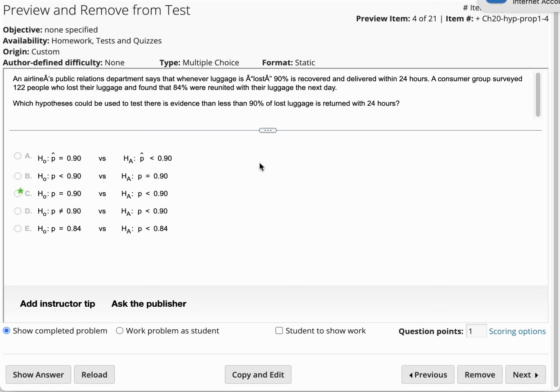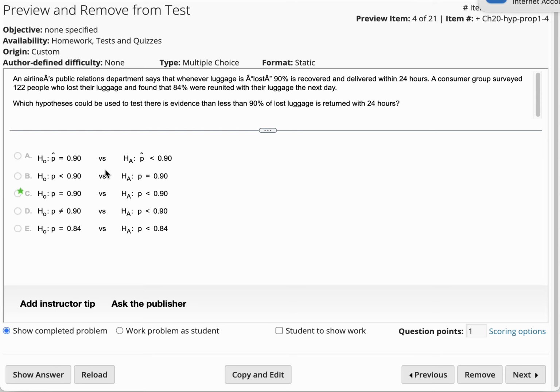The less than is a key word. So 90% is the number that's floating out there as what we're testing. And the evidence we're testing, is it less than 90%? Comes right out there, test that it's less than 90%.